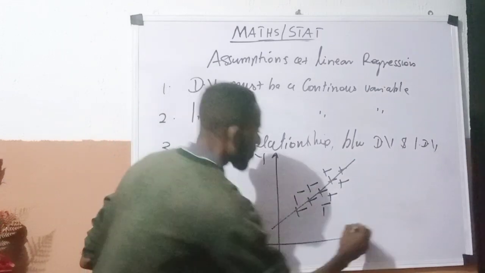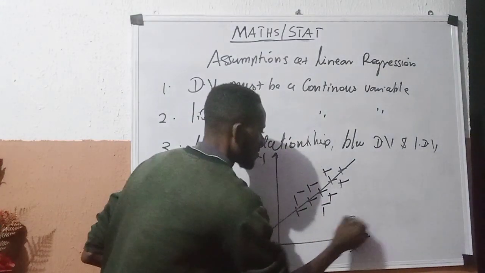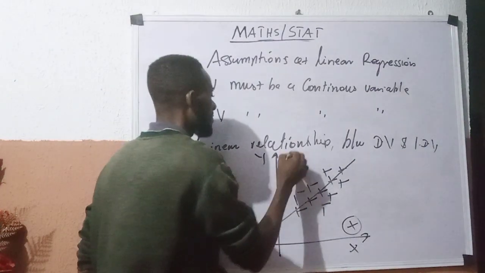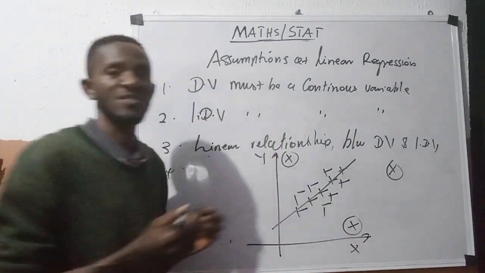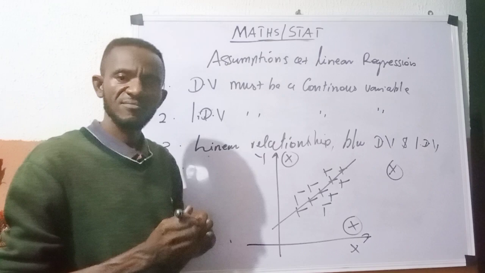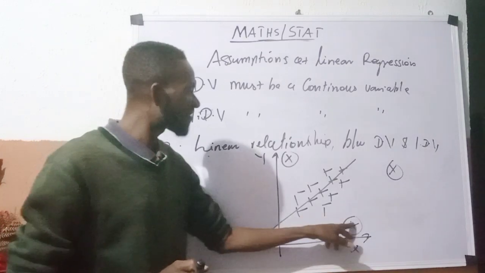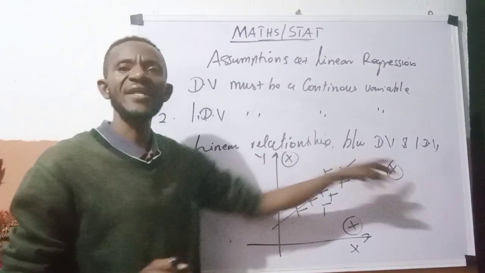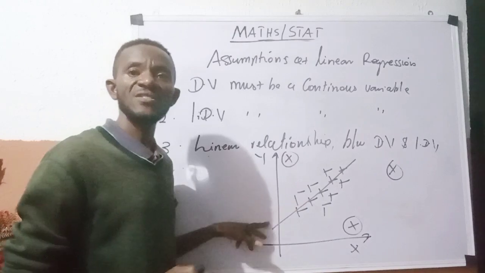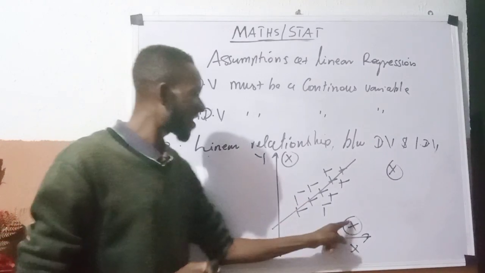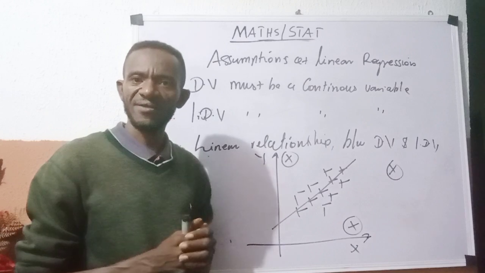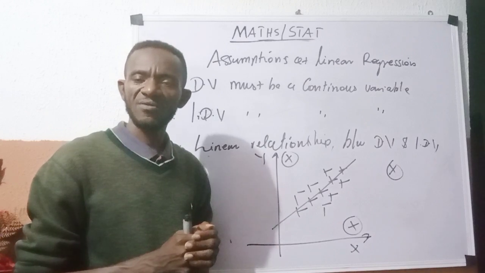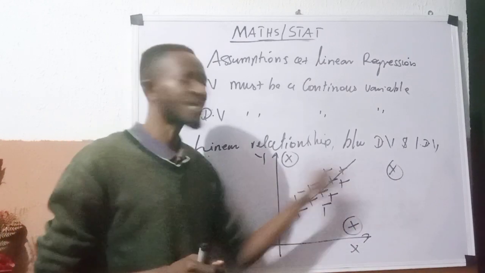All of a sudden, you have a particular data point here, or here, or here. So all these values are far away from this line, and we refer to these values as outliers. So this and this and this.